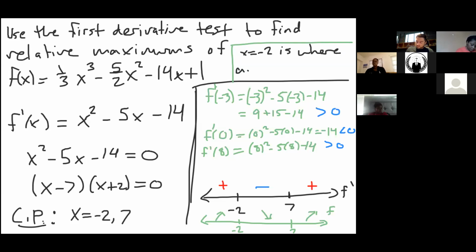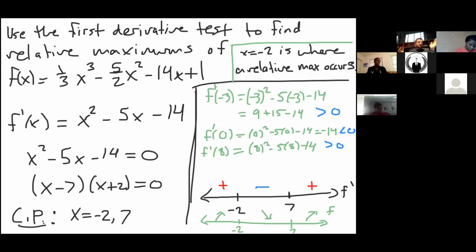Where a relative max occurs. So when x is -2, we have a relative max. So your answer in this case would have just been x being -2. That is where we have a relative maximum occur.